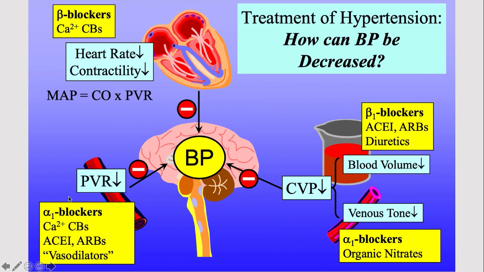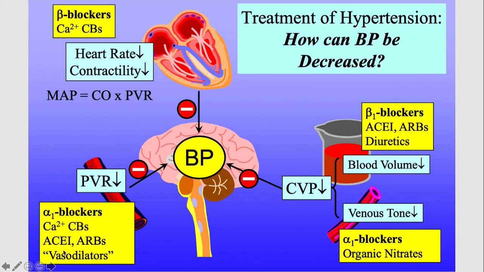In the peripheral arteries, how do we decrease peripheral vascular resistance? Well, we can use alpha-1 blockers to decrease sympathetic mediated alpha-1 vasoconstriction. We can use calcium channel blockers, right? Remember, smooth muscle contraction depends on calcium influx. So if we block calcium channels, we'll vasodilate.